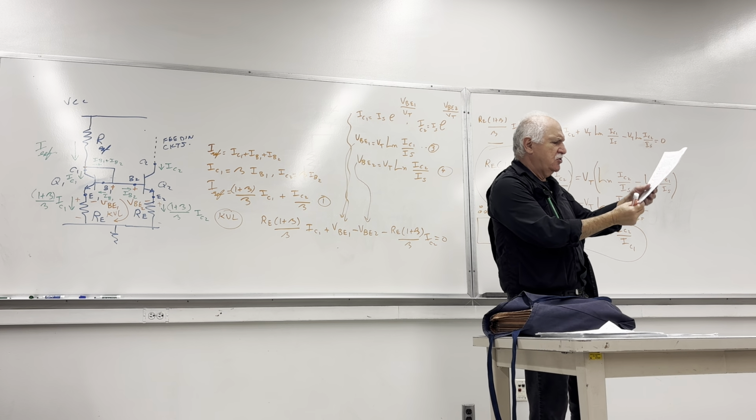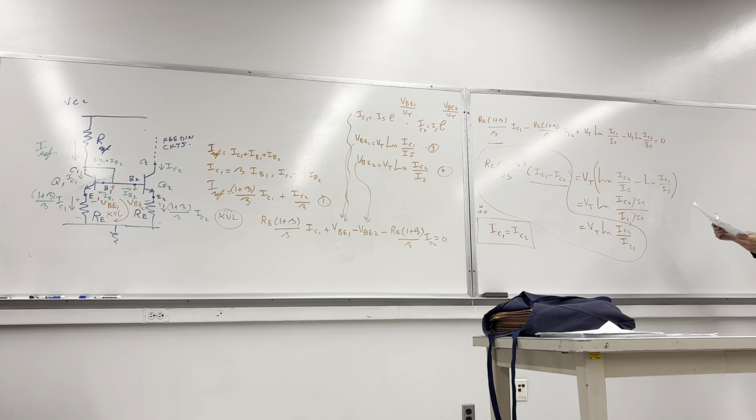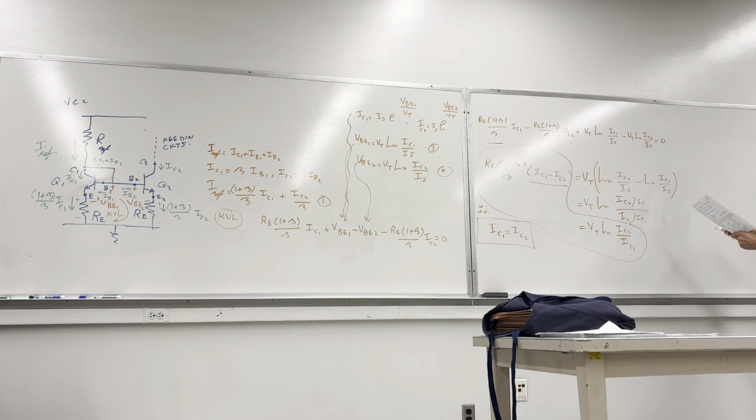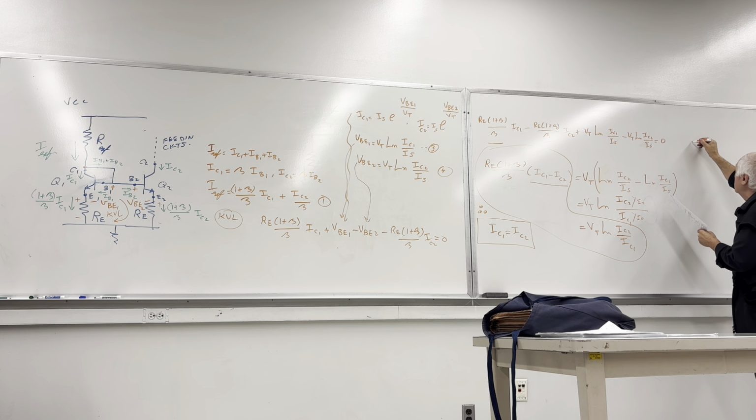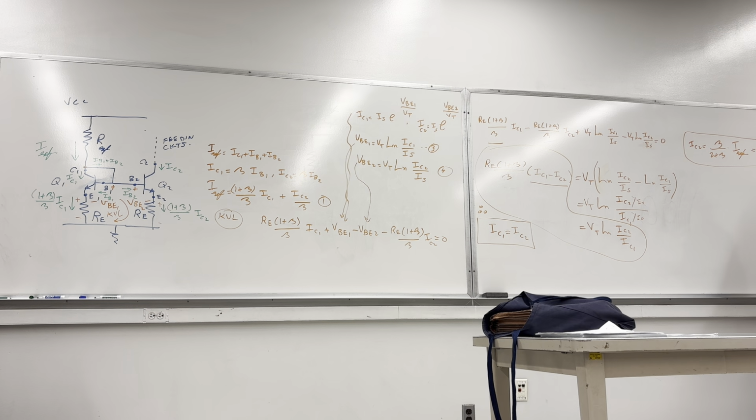IC2 is equal to, eliminate IC1 between equation 1 and equation 6. You finally come up with IC2 equal to beta over 2 plus beta multiplied by IREF, and it's the same as IC1. We got exactly the same equation as before.